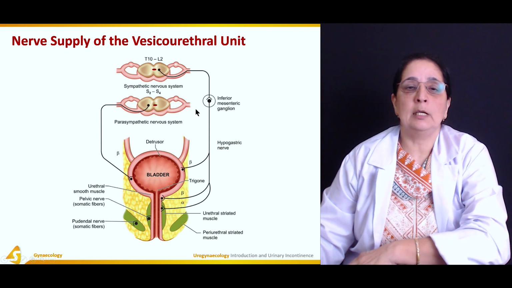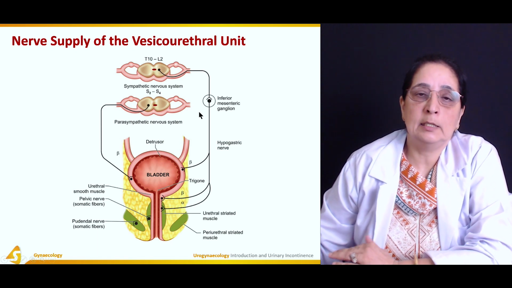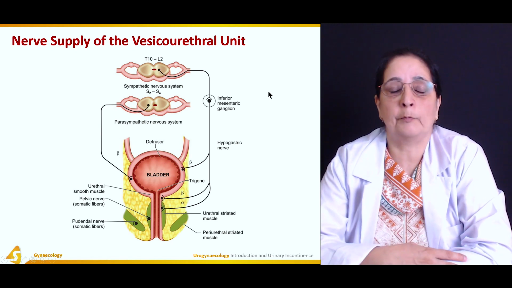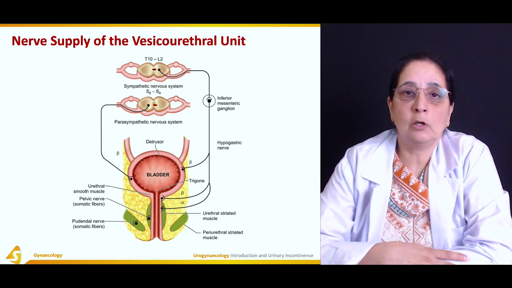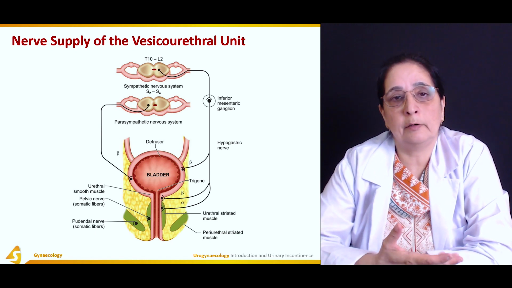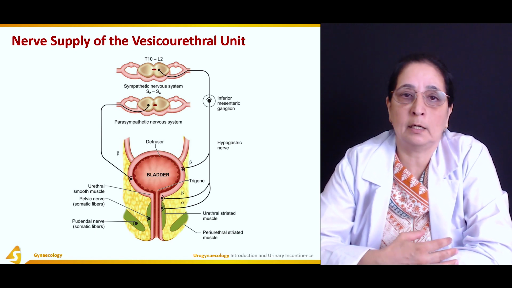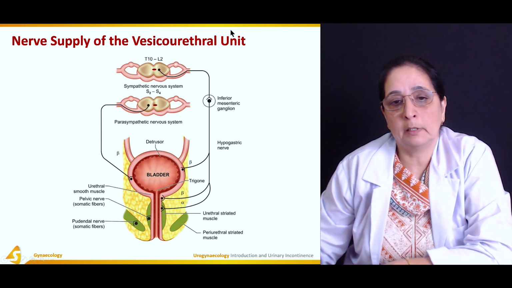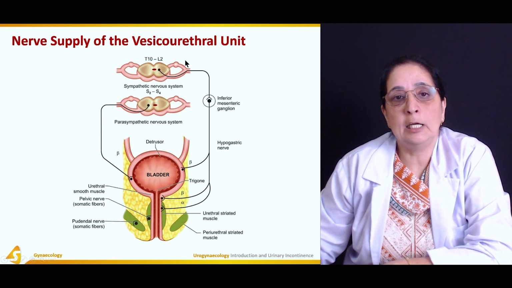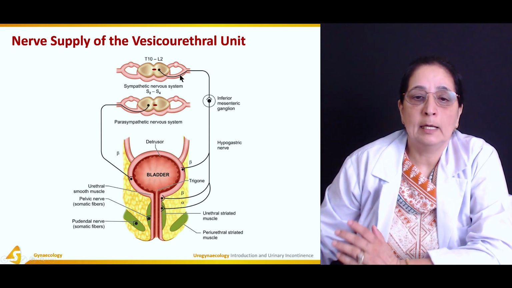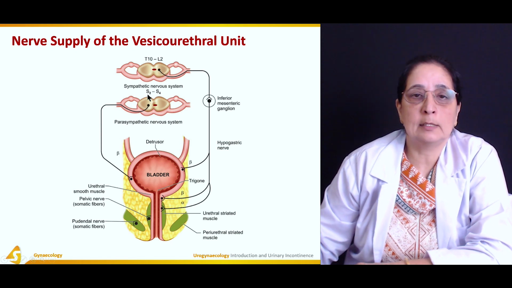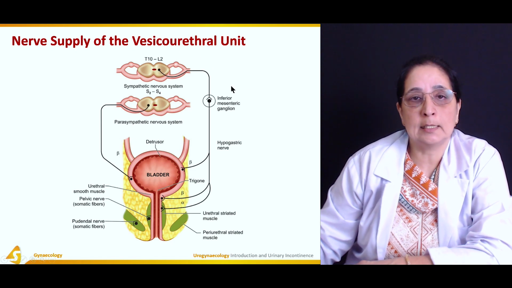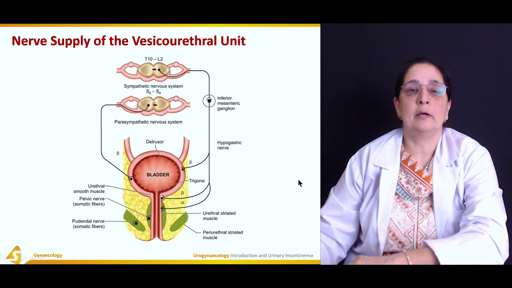Any injury to the lower back, usually the spinal cord at the T10 to L2 level, usually causes problems with urinary incontinence, and bladder problems usually occur if there is injury to the lower back, because the nerve supply to the bladder is controlled by T10 to L2 and sacral S2 to S4 levels. So any injury at this level usually causes urinary problems.